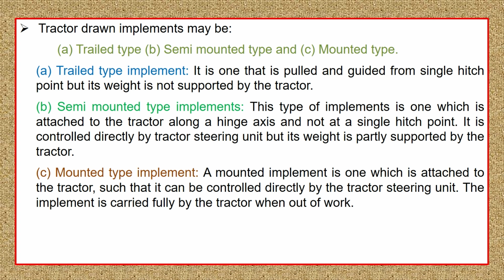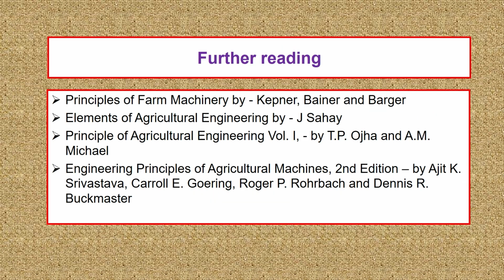They are all examples of mounted type implements, where the tractor is able to lift them off the ground and carry them while moving. Whereas in the case of semi-mounted, the tractor may lift the implement, but it can't carry its whole weight. In the trailer type implement, the tractor cannot lift it on its own; for that it uses a remotely operated hydraulic system. That's how you can classify tractor-drawn implements.